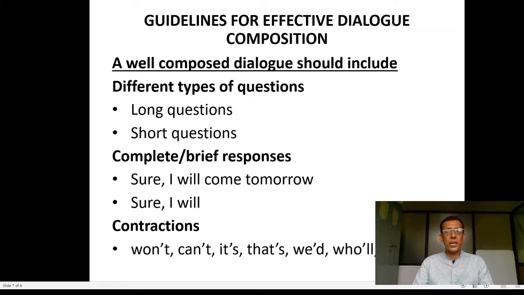Here are a few more guidelines for composing good dialogues. Use different types of questions. You can use long questions, you can also use short questions, you can use yes-no questions where you can answer with a yes or a no. So mix them up. Use complete and brief responses.